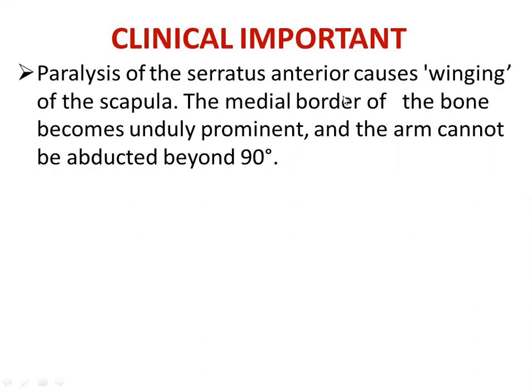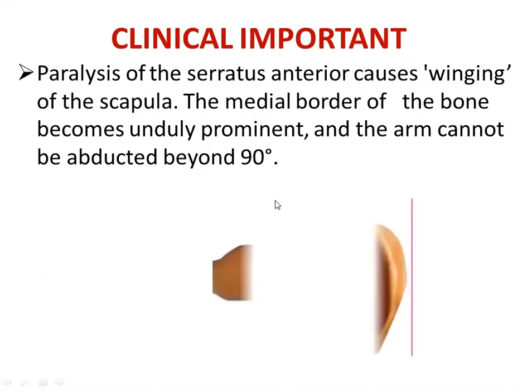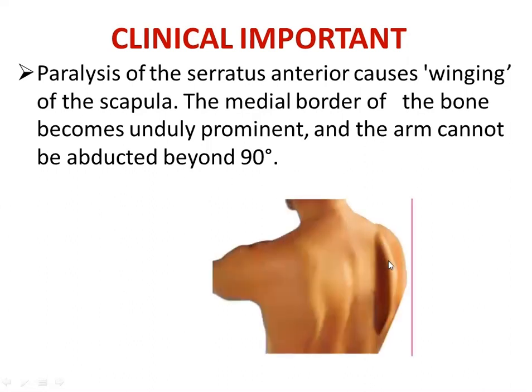That means the medial border of the bone becomes unduly prominent, and the arm cannot abduct beyond 90 degrees. Above 90 degrees, the serratus anterior muscle supports the abduction of the arm. If the serratus muscle is paralyzed, we cannot abduct. Here you can see the winging scapula.